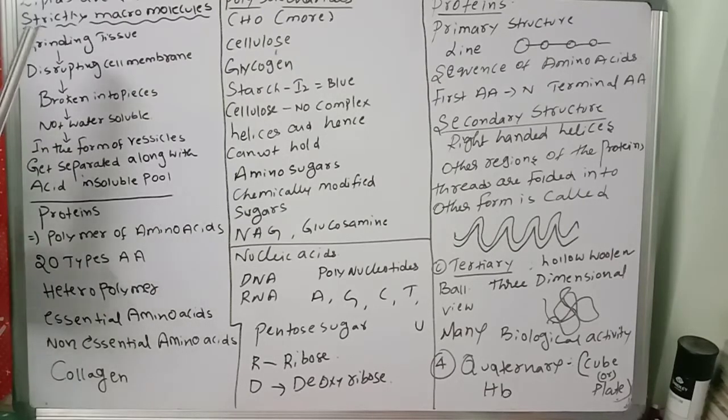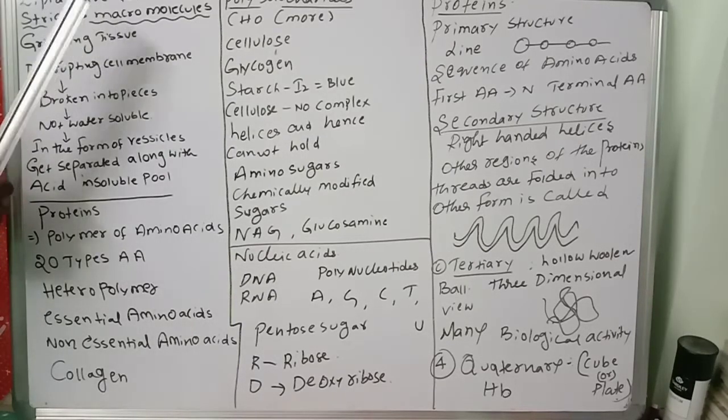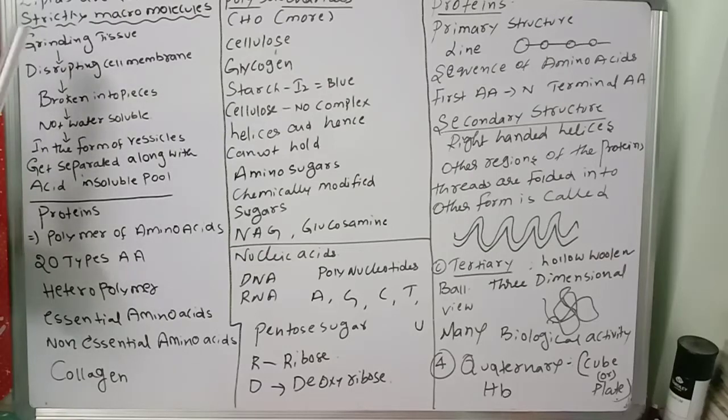So what we are doing first is taking one tissue and disturbing it. Lipids: one important question. Are lipids macromolecules or micromolecules? Lipids are not strictly macromolecules, because lipids are actually soluble. But why do we consider them macromolecules?